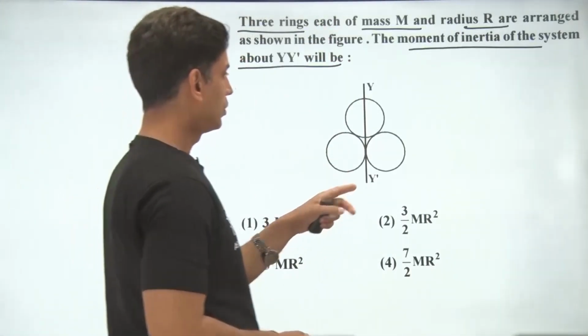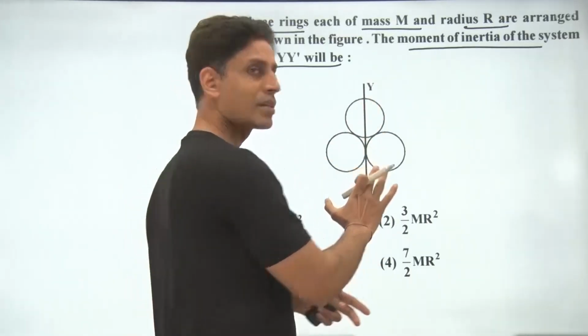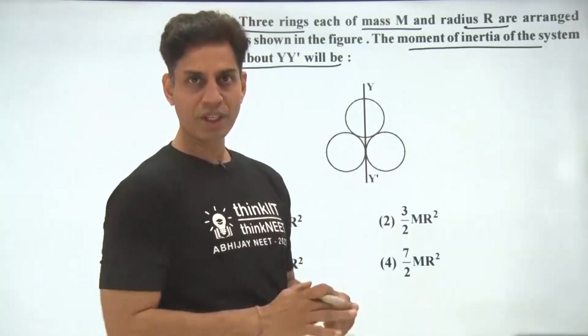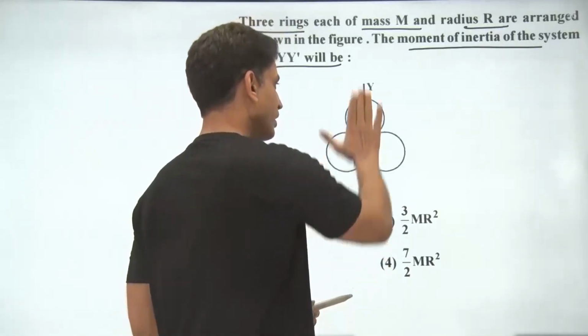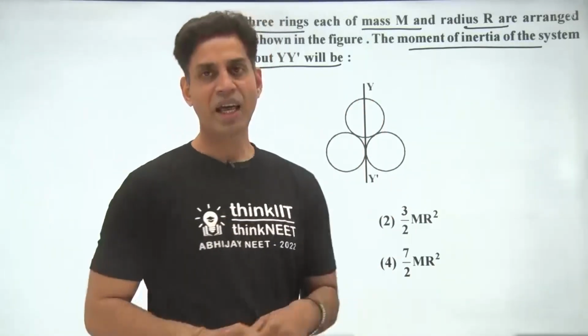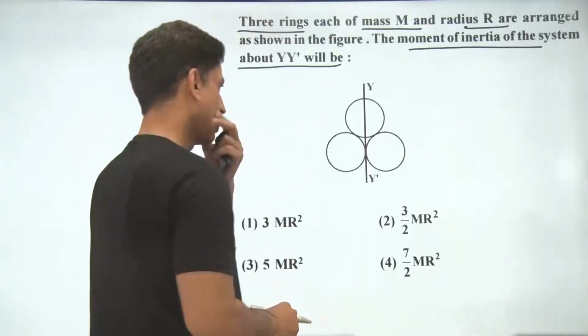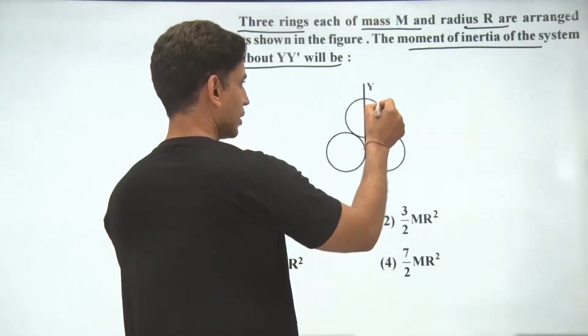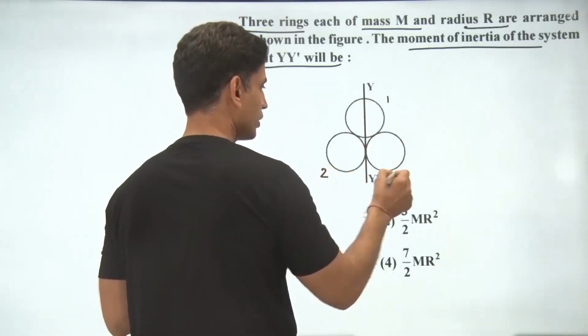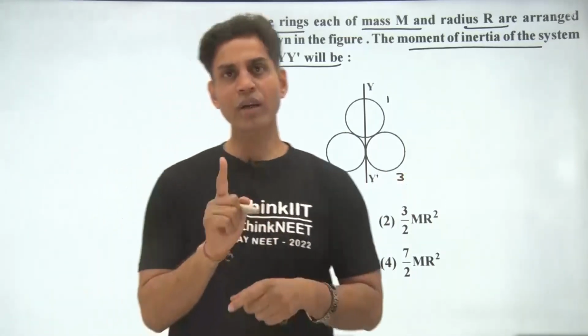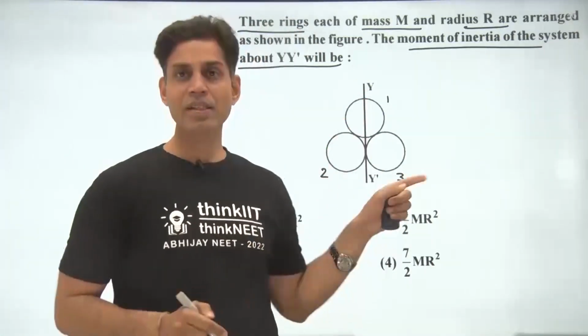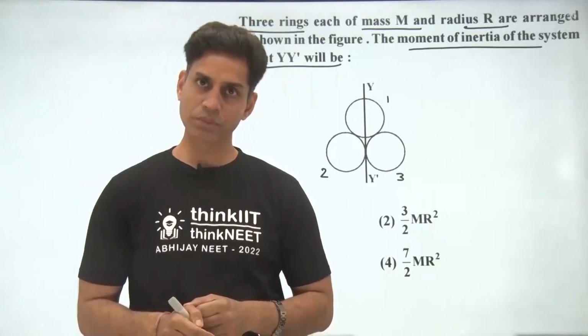Okay, now this axis lies in the plane of the ring. All the rings are placed like this, and this axis YY dash is lying in the plane of the ring. Now this is ring number 1, this is 2, and this is 3. For ring number 1, this axis is a diametric axis.